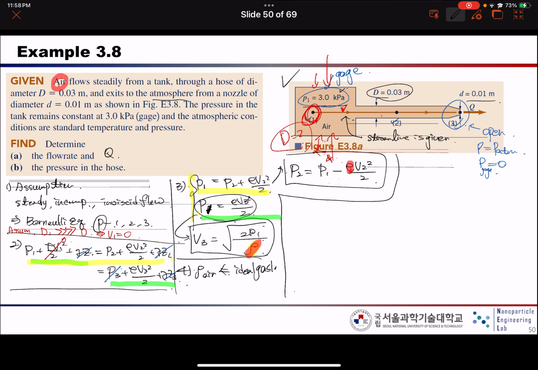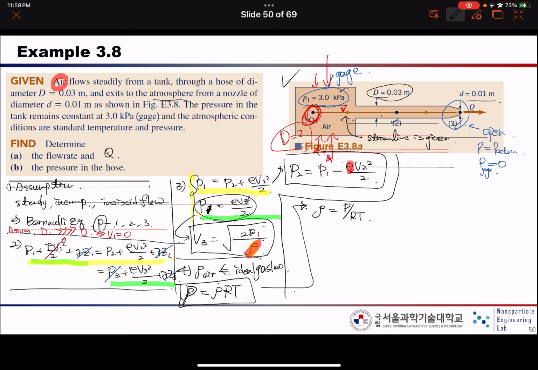So the ideal gas law, P equals rho RT, right? So rho equals P divided by RT.